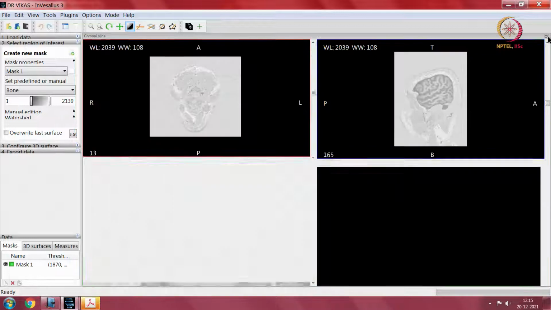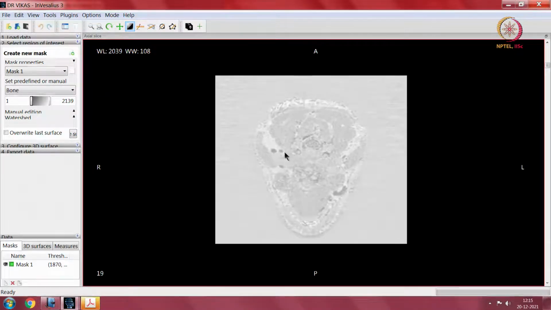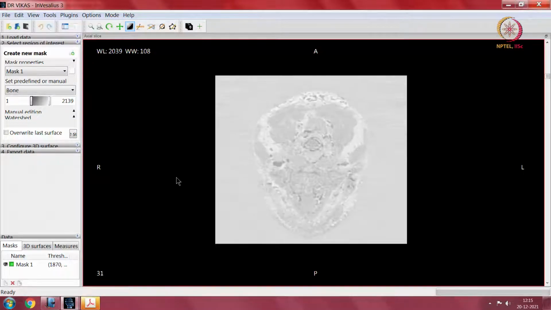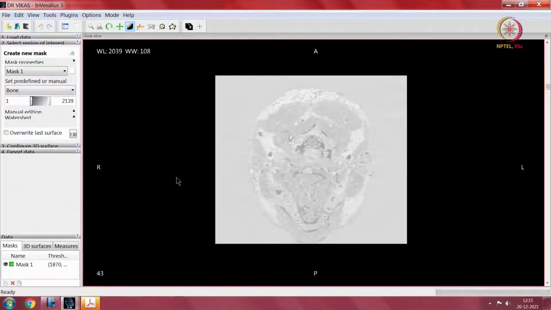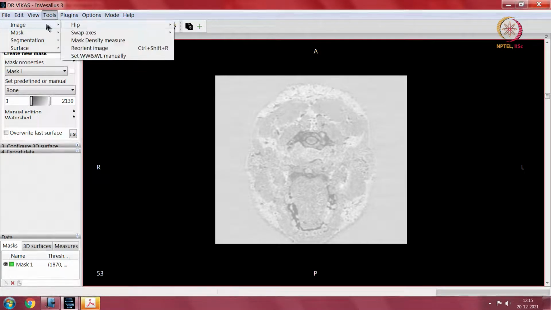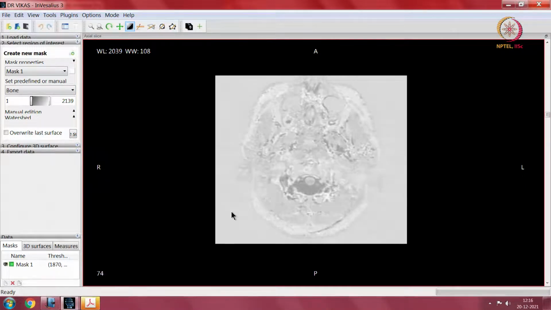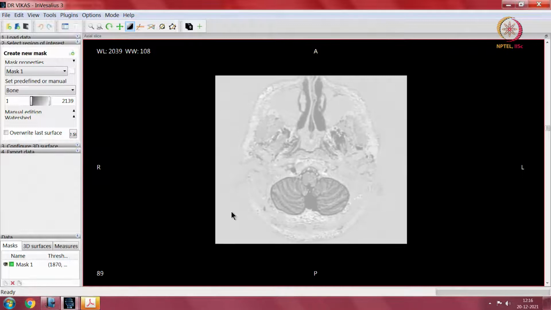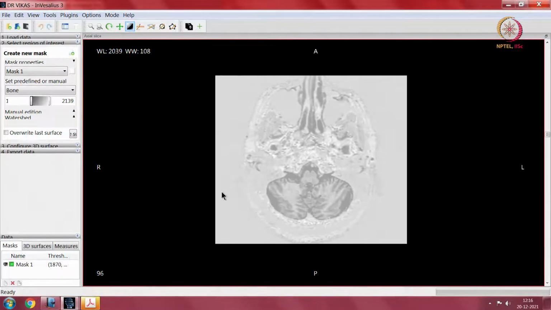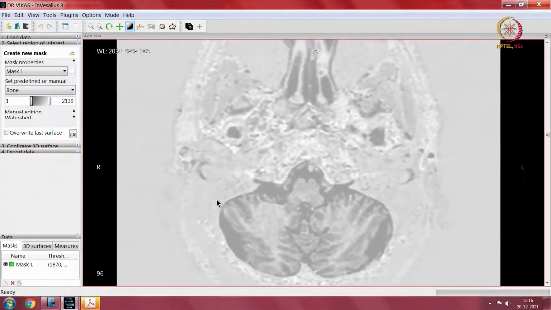Fine. So, generally we would discuss anatomy in the context of axial sections. So, axial sections are the primary way in which we would discuss anatomy. So, we start with something which is obvious. So, this is the cerebellum.